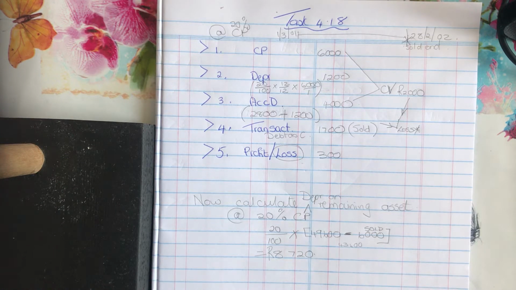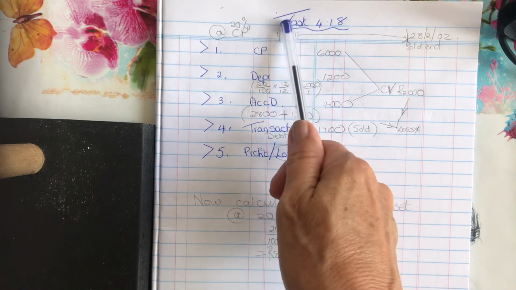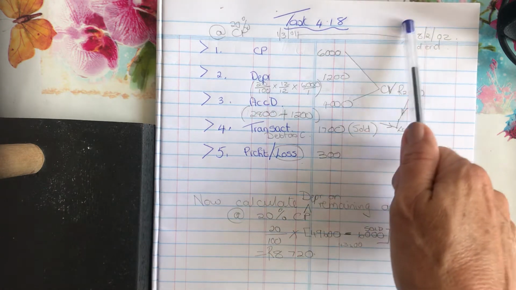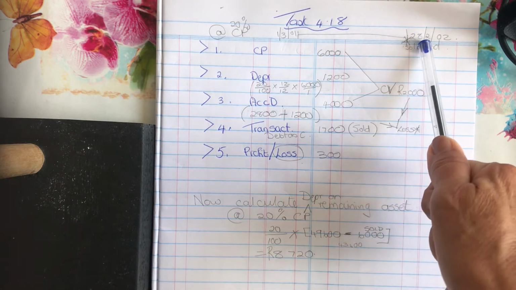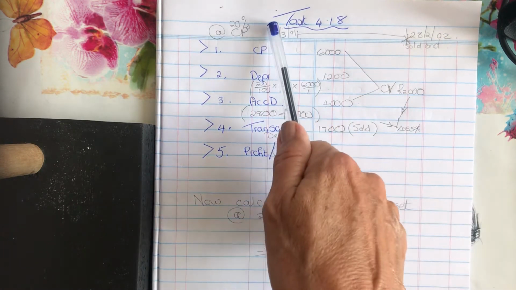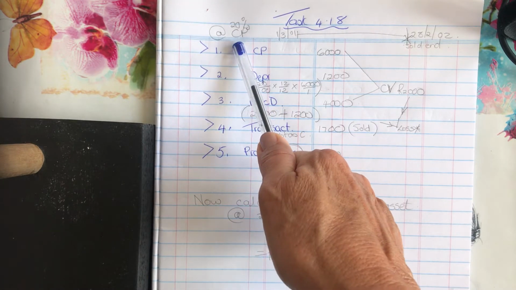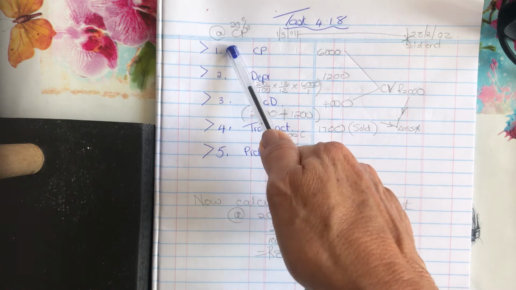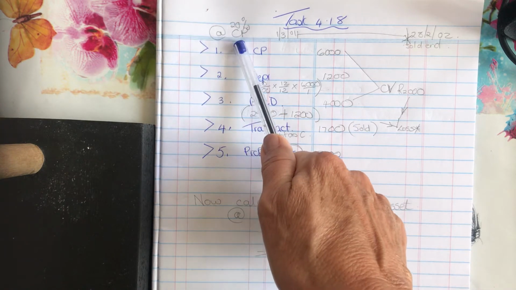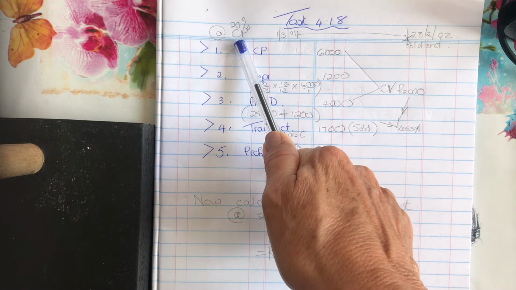Okay, task 4.18. In task 4.18, when you read the task, you will see that this year starts from the 1st of March and it ends on the 28th of February. You will also, from the last line, see that you are working depreciation out on equipment for 20% per year at cost price.